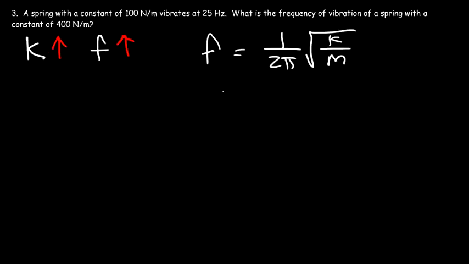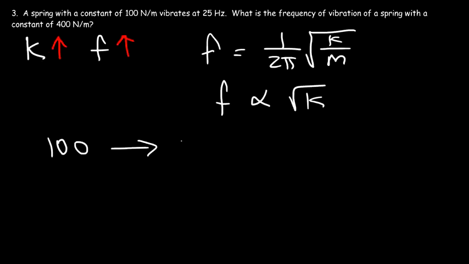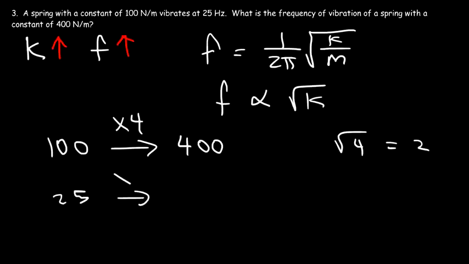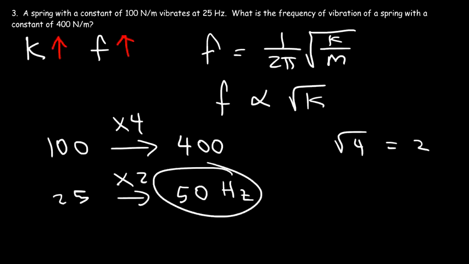So notice that the frequency is proportional to the square root of k. And in this example, the spring constant increases from 100 to 400, so it increases by a factor of 4. And the square root of 4 is 2, so therefore the frequency should increase by a factor of 2. So the answer is 50 hertz.